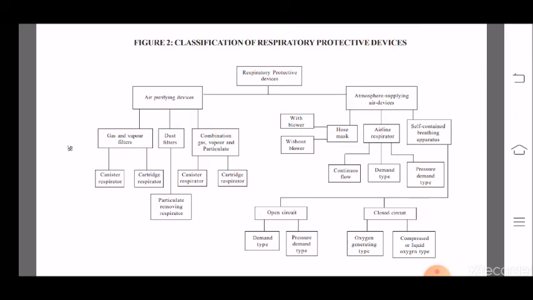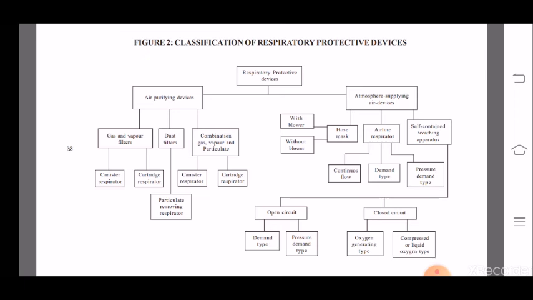So the gas and vapor filters are generally having canisters which will be cleaning the system. Cartridges are also designed. Dust filters are having particulate removing respirators in terms of protective surfaces. The canister respirator, cartridge respirators are also there for combination of gas, vapor and dust.